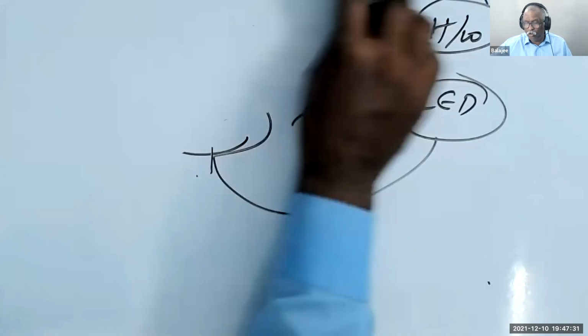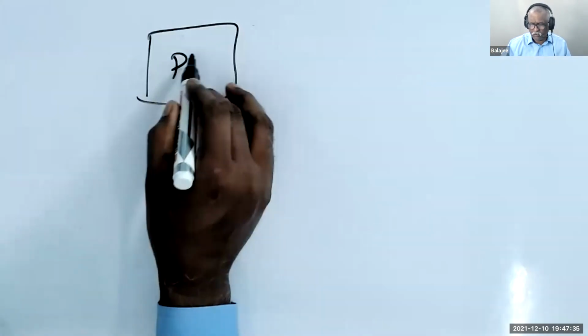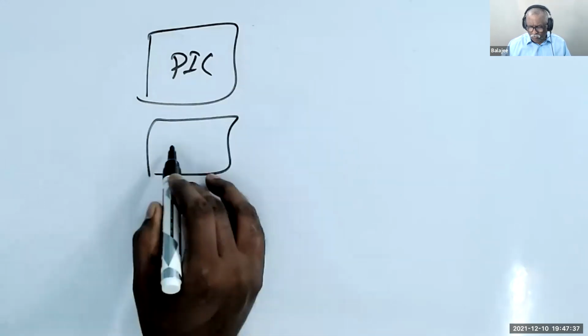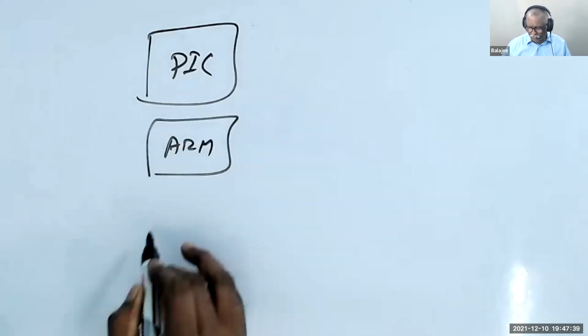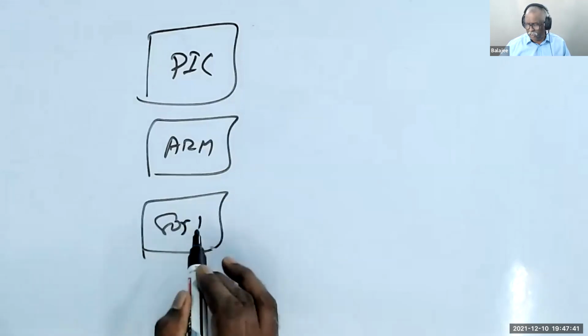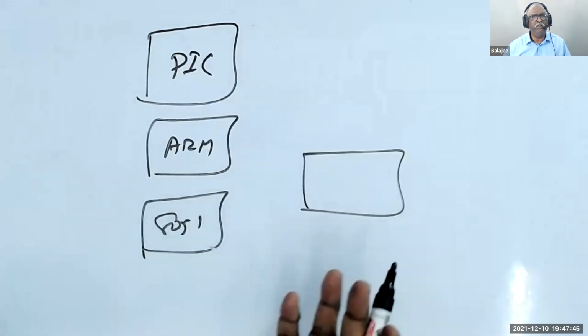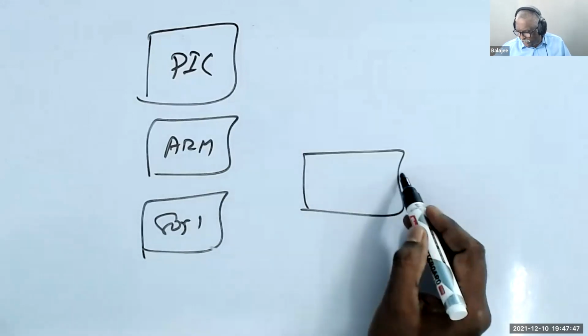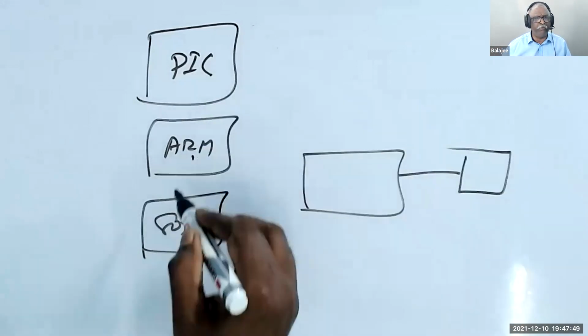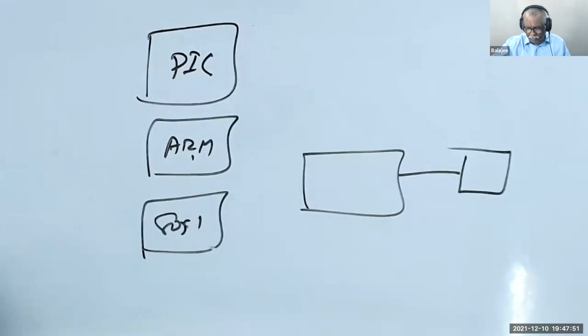And don't worry about what hardware you buy. You buy a PIC or ARM or 8051, whatever it is, let me know. If you are finding it difficult to connect the LEDs on any microcontroller platform, come back to me. I'll help you.